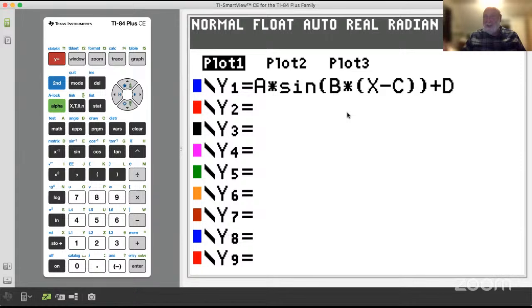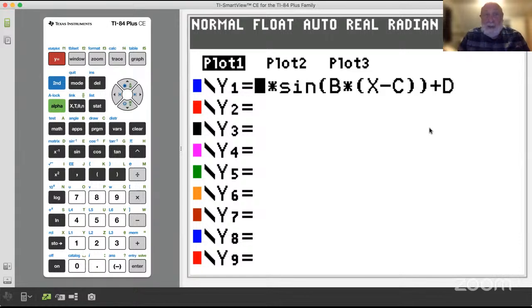It says find something of this form: a times sine of b times the quantity x minus c, plus d. When you do that on the calculator, something to keep in mind is that these constants a, b, c, and d are never empty. They always have some value in them. I'm not sure what these values are. Why don't we just graph it and see what it looks like? Maybe we can guess it.